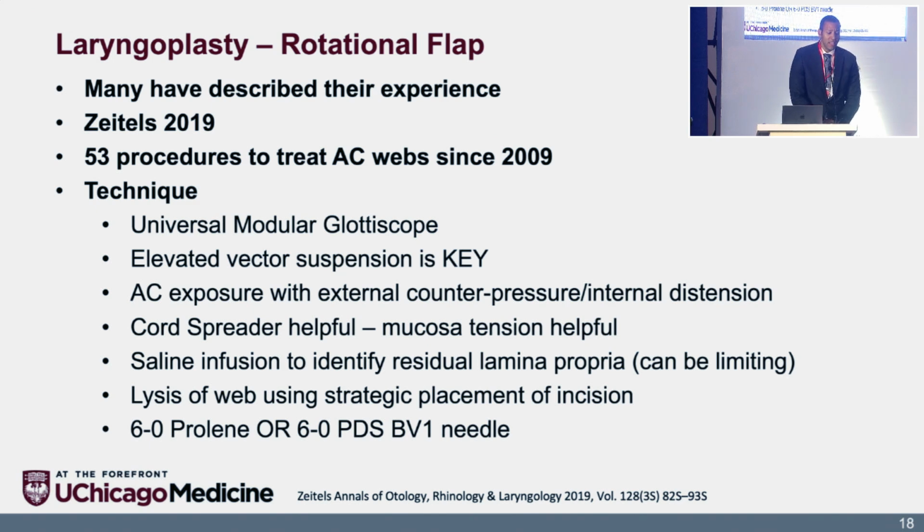Oftentimes saline or saline with epinephrine can be helpful in not only decreasing bleeding, but also identifying what residual lamina propria is left. And then a lysis of the web can be performed with strategic placement of the incision. Finally, using a suture such as a 6-0 Prolene or 6-0 PDS and a BV1 needle, which is actually an ophthalmologic needle, can be helpful for placing these sutures endoscopically.